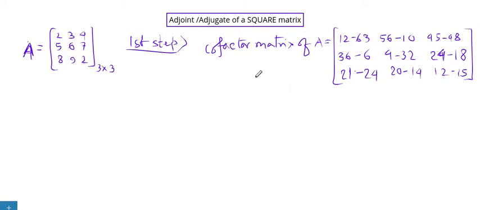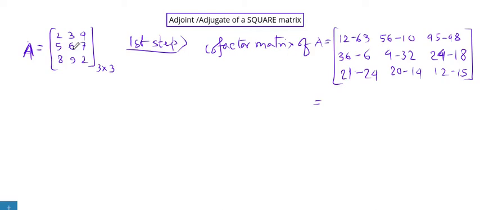So in this matrix, what we have done is replace every element of A by its cofactor. We have replaced 2 by its cofactor. The cofactor of 2 is 12 minus 63, so we have replaced 2 by its cofactor.